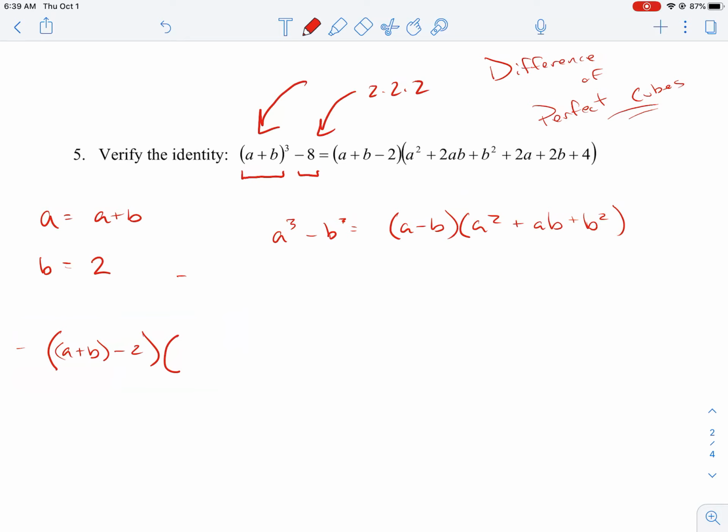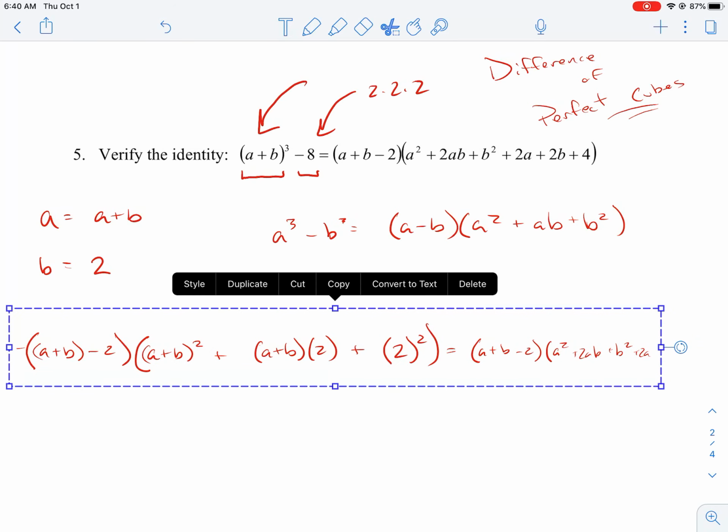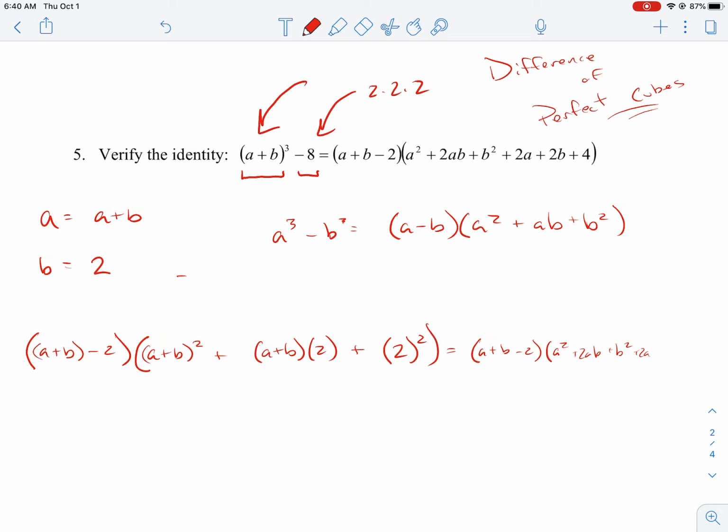So, a plus b squared plus a plus b times 2 plus 2 squared is all equal to, let's see if I can squeeze it all in here, a squared plus 2ab plus b squared plus 2a plus 2b plus 4.